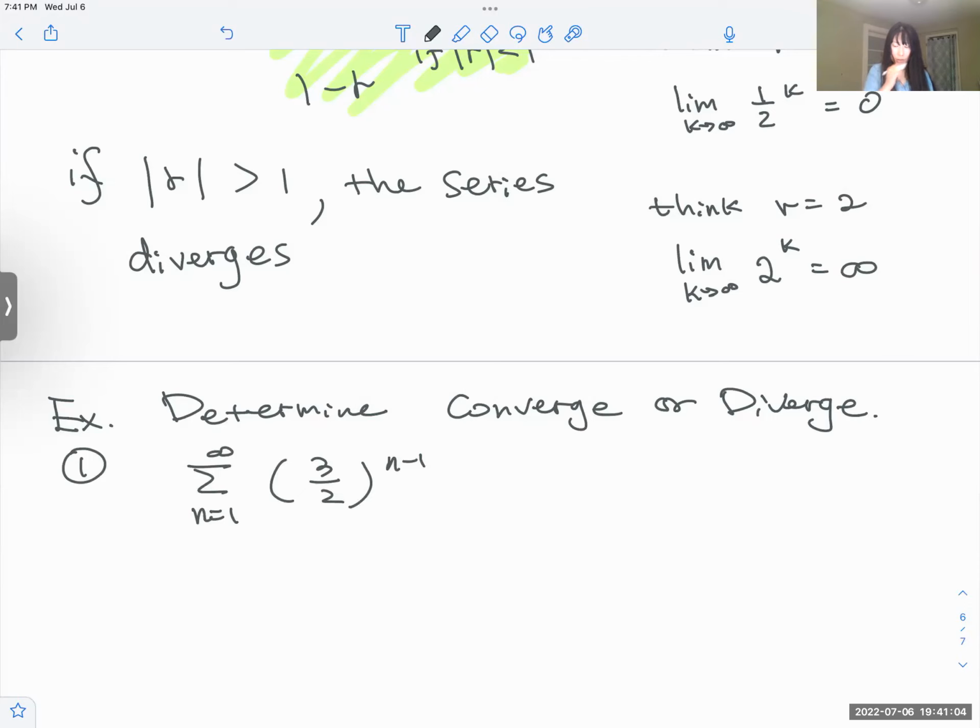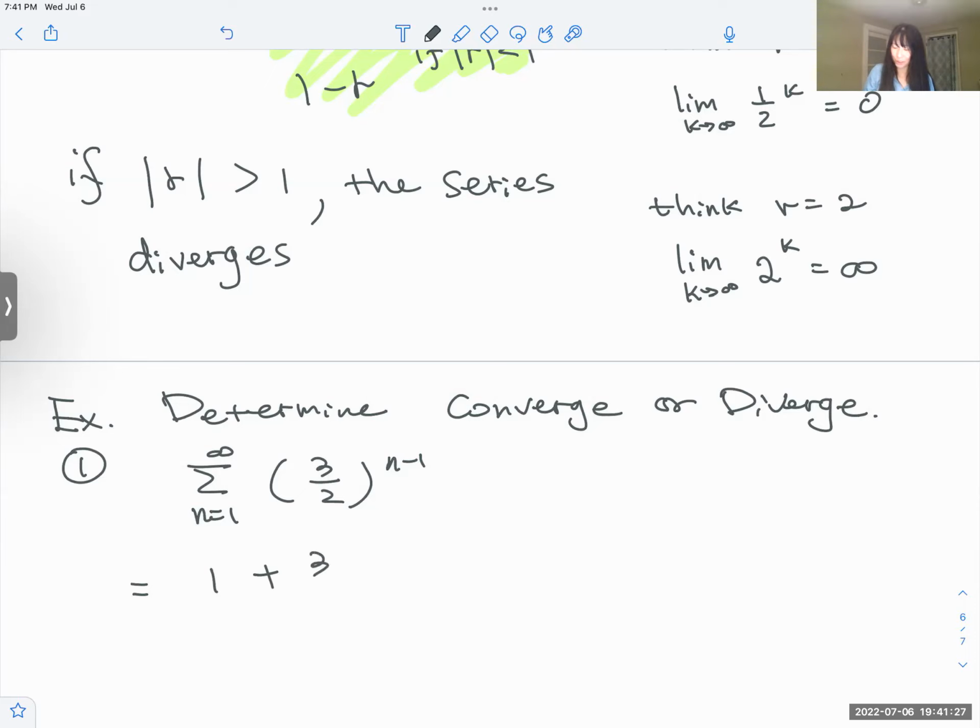So for this one, when n equal to 1, we get 1. Plus when n equal to 2, 3/2.